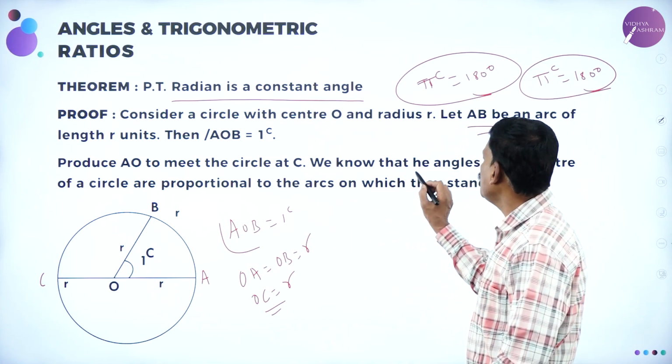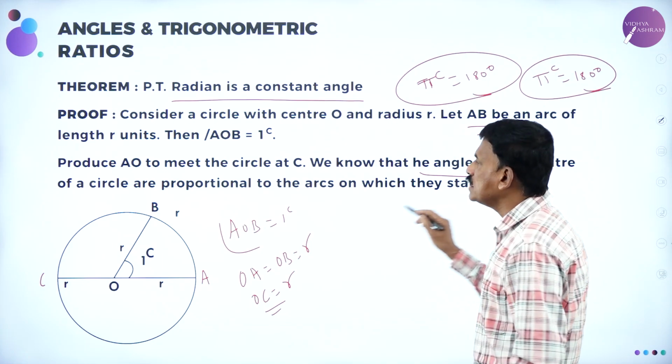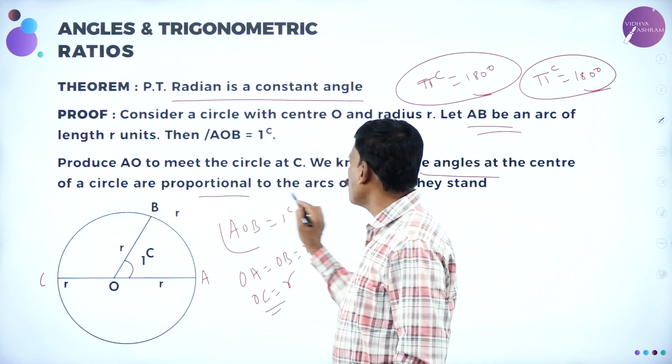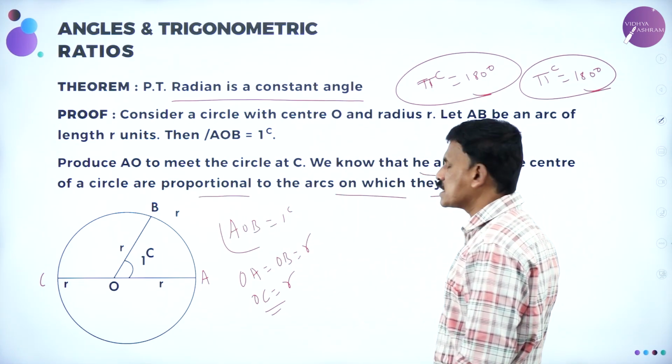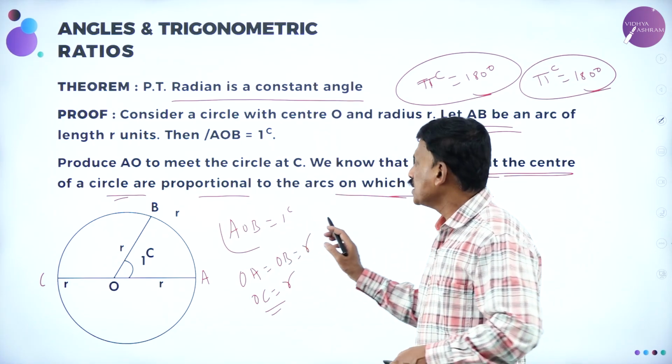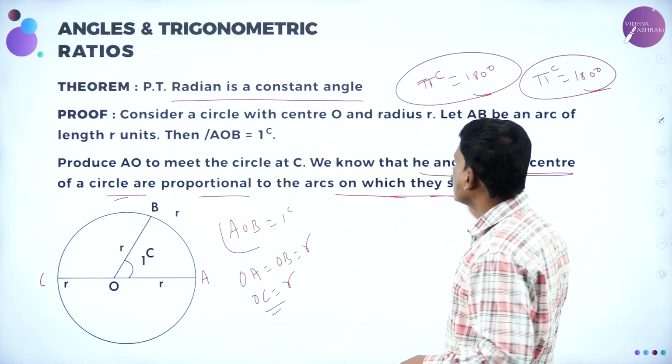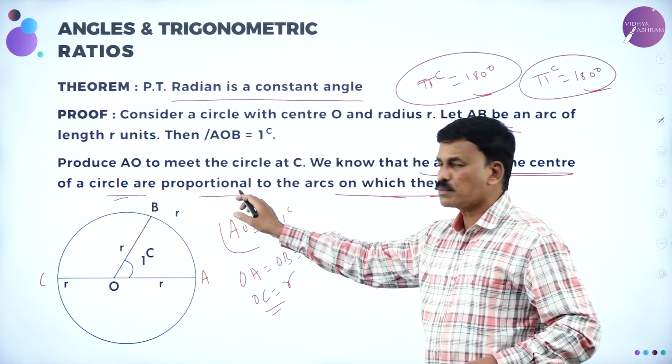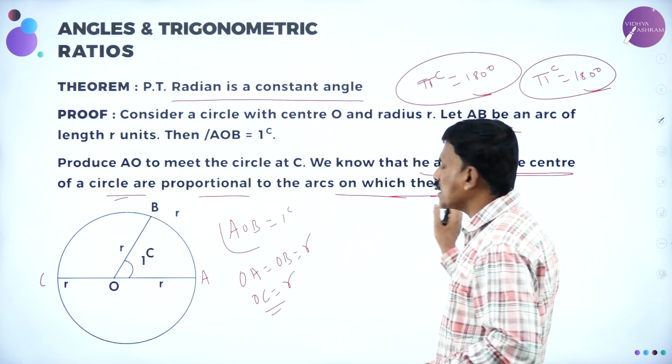Now we know that the angles at the center of a circle are proportional to the arcs on which they stand.